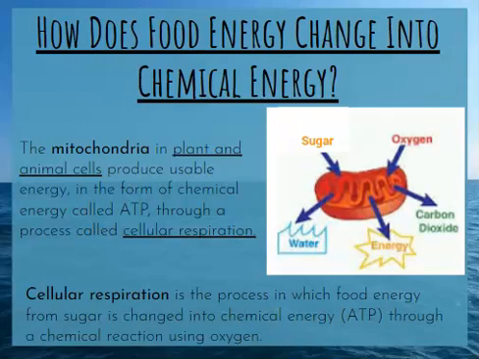And in the mitochondria of plant or animal cells, the cell creates usable energy, and we call this chemical energy ATP. That process is called cellular respiration. So cellular respiration is the process where food energy from sugar is turned into ATP, or chemical energy, using a chemical reaction that also includes oxygen. So let's look at this more closely.